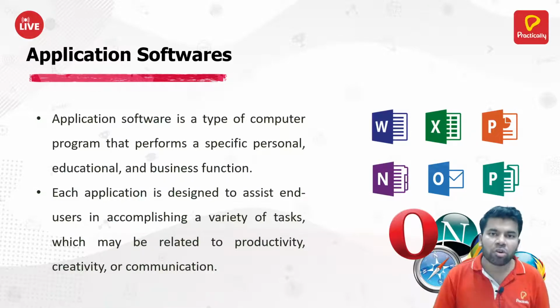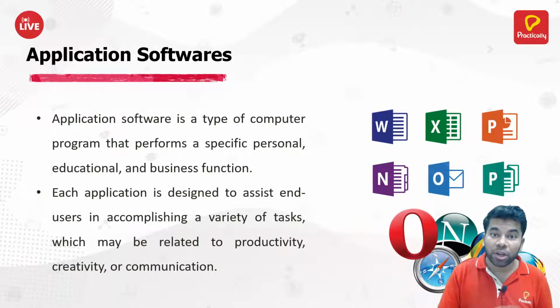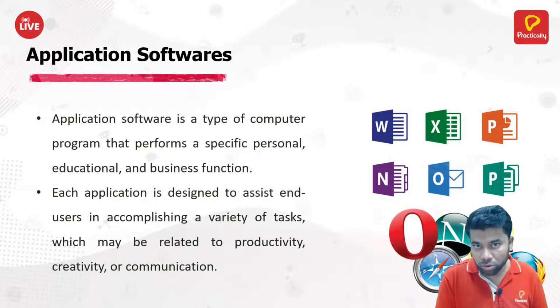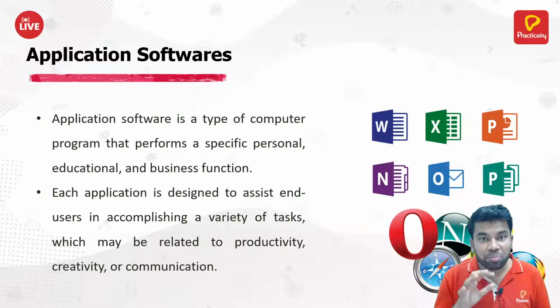Application software is installed on top of an operating system, any operating system. We cannot directly use the application software. This is one of the drawbacks of application software. To use application software, we must install the operating system first.